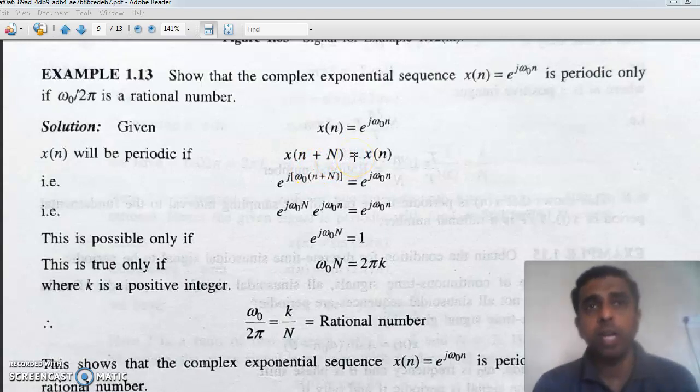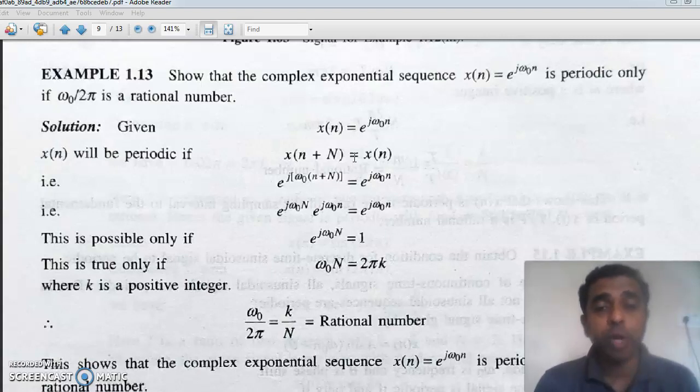And for continuous time signals, we have seen some examples, and a particular example of a composite signal. That is, if we have two signals, x1 of t and x2 of t, and x1 of t is periodic with the time period T1 and x2 of t is periodic with the time period T2, then the question was whether, when we add those two signals, the new composite signal is periodic or not.